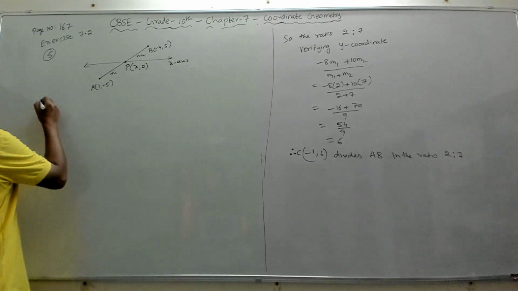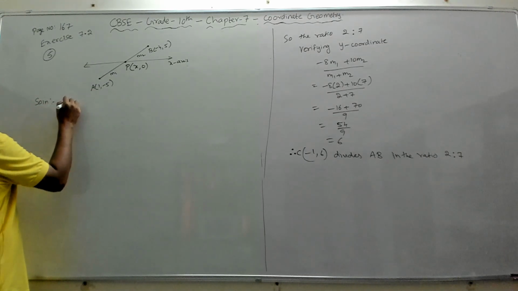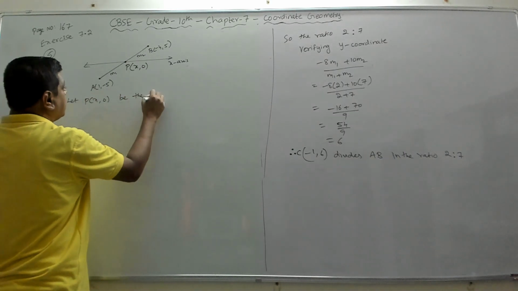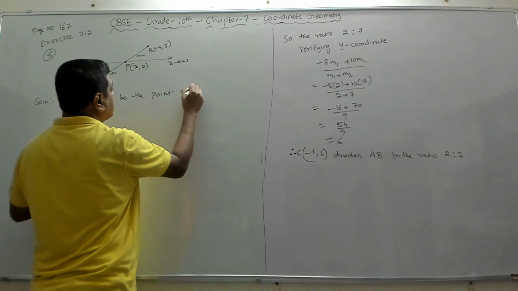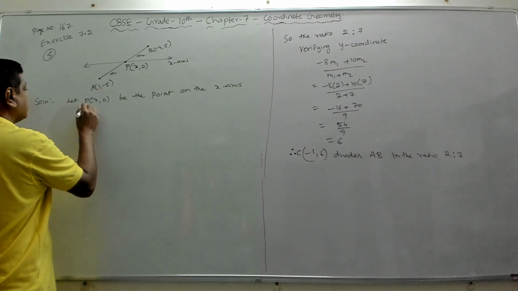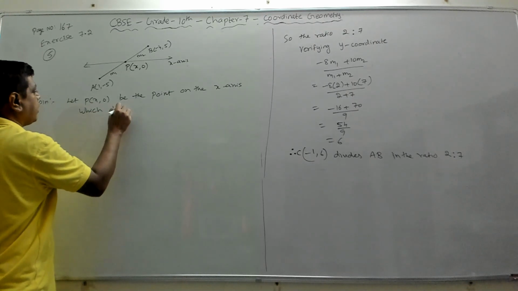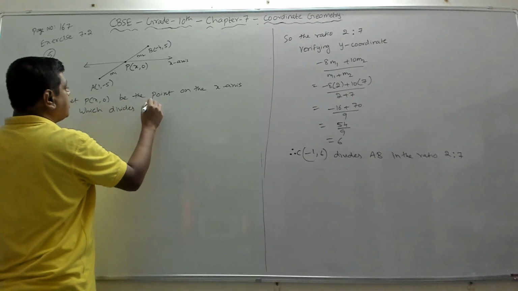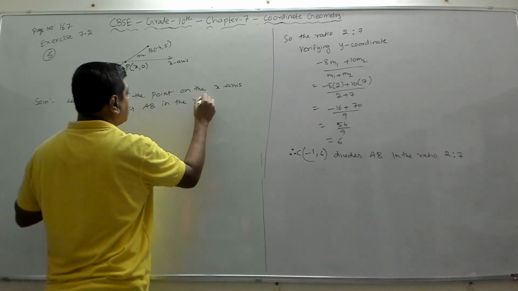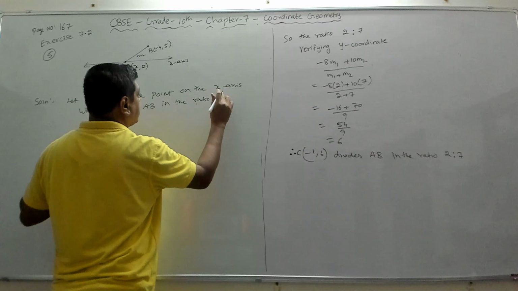So we'll continue. The solution is: let P of x comma 0 be the point on the x-axis which divides AB in the ratio m1 is to m2.